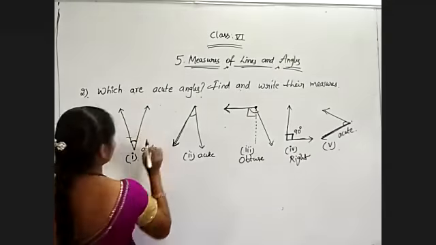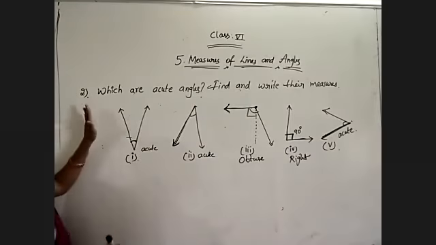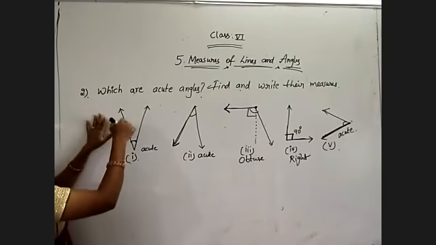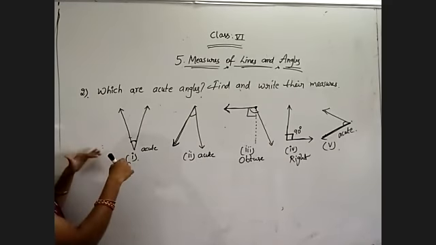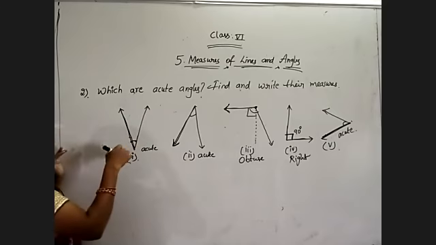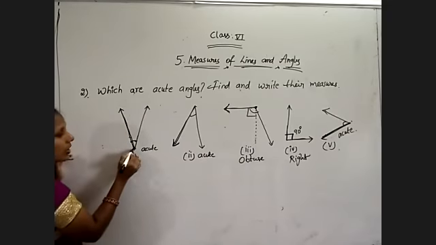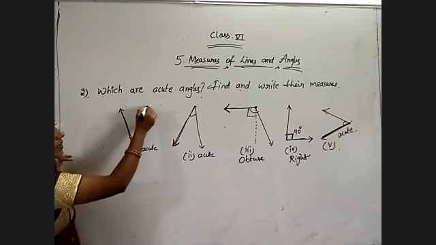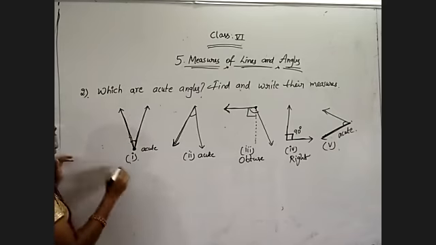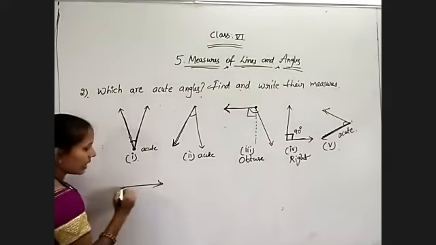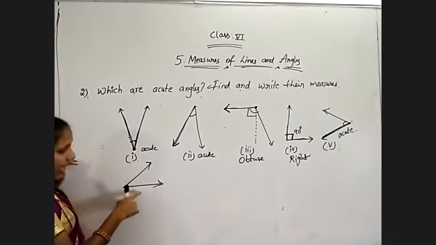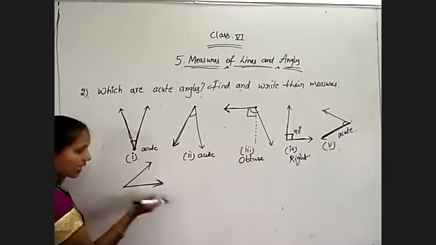Now observe. Take your protractor, select any one of the arms, either this arm or this arm. Set your protractor here. Till now we have constructed the angles with the base like this.